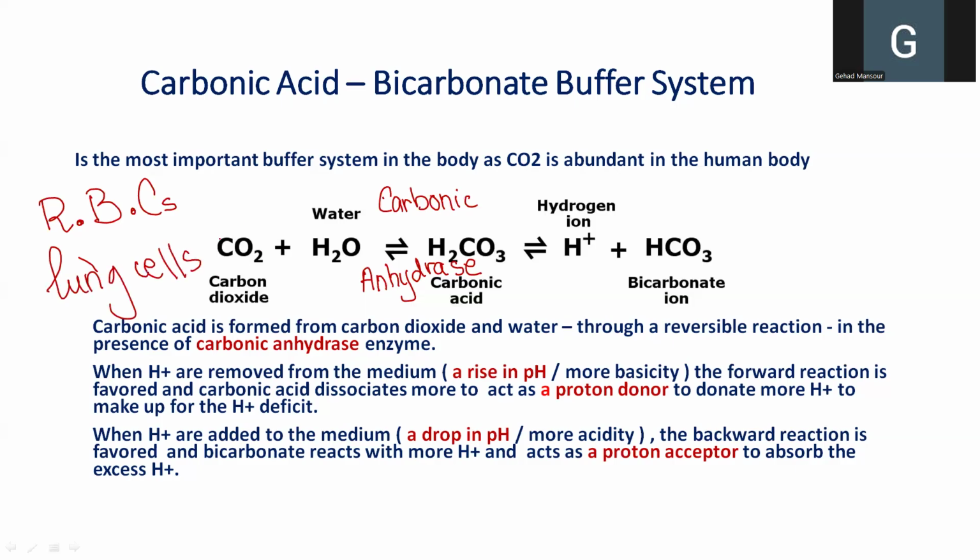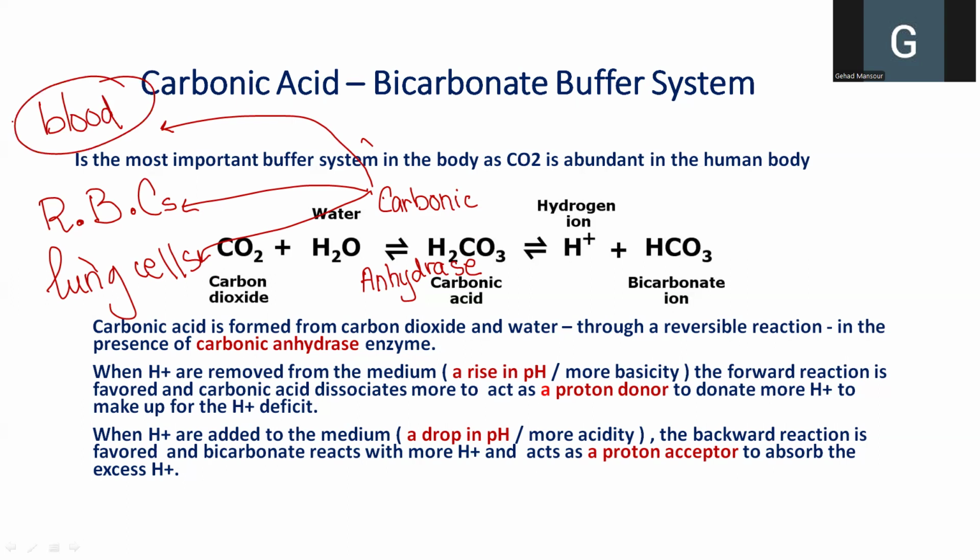Because the carbonic anhydrase enzyme is abundant in these two cells, this buffering system will work mainly inside red blood corpuscles, inside the lung, as well as inside the blood in general.